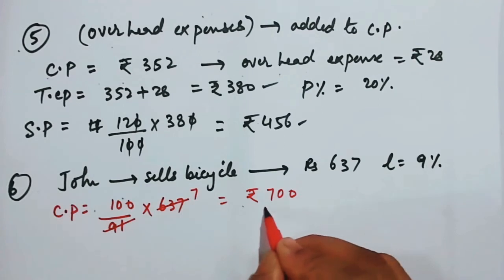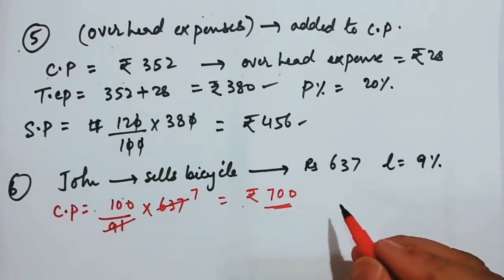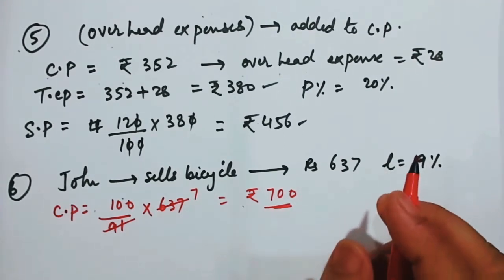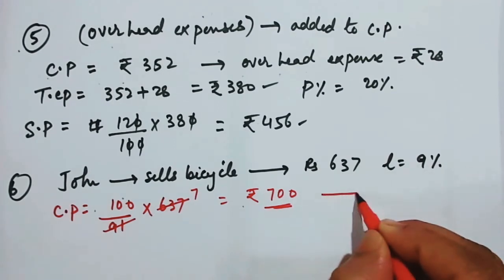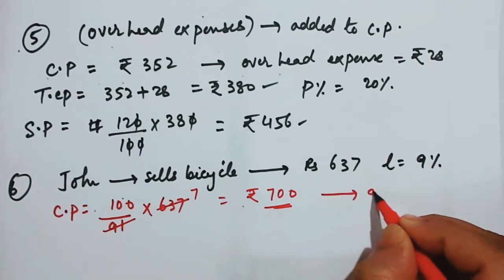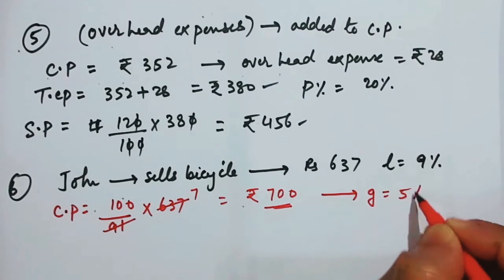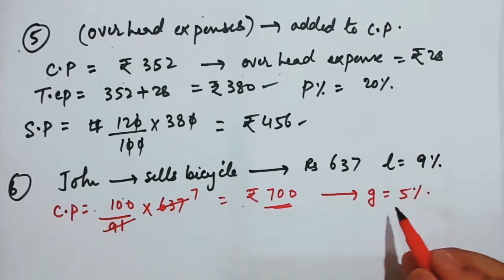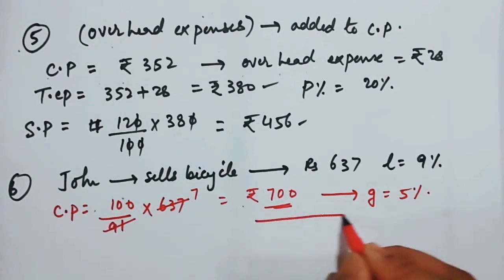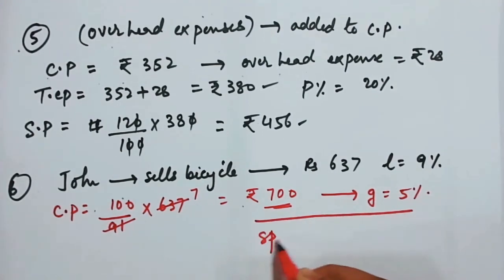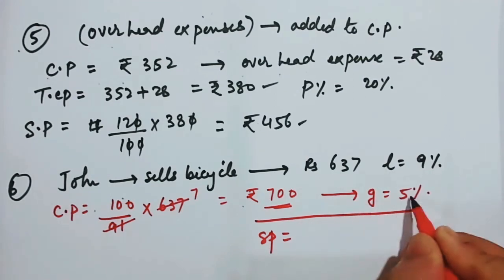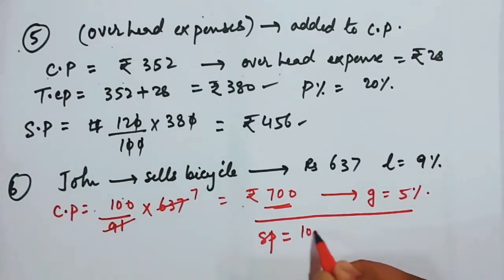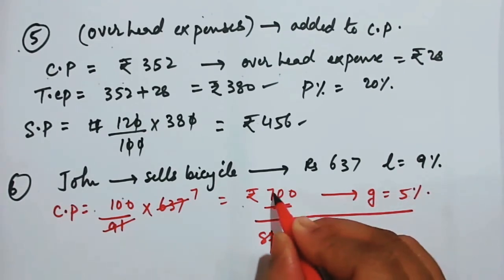Now on this cost price, he wants to earn a gain of 5%. So if he wants to earn a gain of 5%, what will be the selling price? My dear, selling price will be equal to, you know the formula, 100 plus gain percent, that is 105 by 100 into cost price.